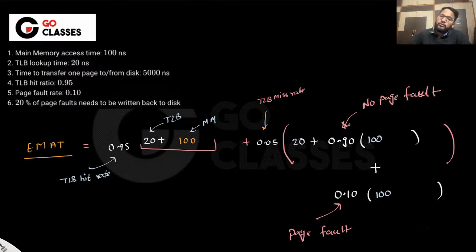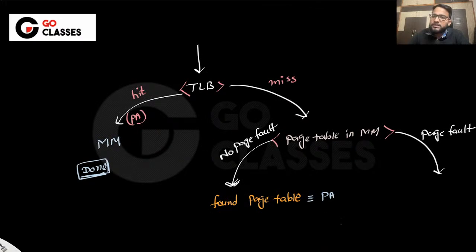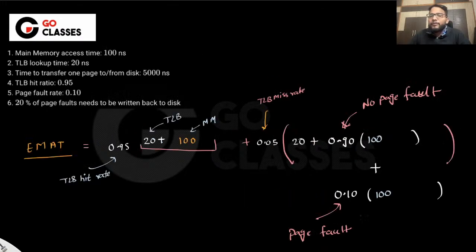Why am I doing so? Because this 100, I can just separate it out. Maybe if you want, I can write this 100 here, because just to find this page table, you are anyway going to spend 100. Maybe there is a page fault, maybe there is no page fault, right? So 100 will be in both the places. Okay, so I hope you understood this. Now if there is no page fault, then you got your physical address, you will go to the main memory, right? And then you will find your page.